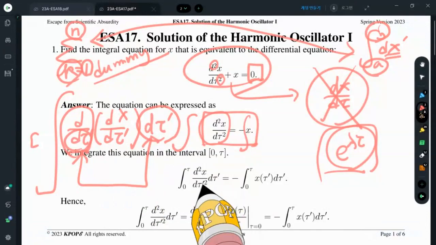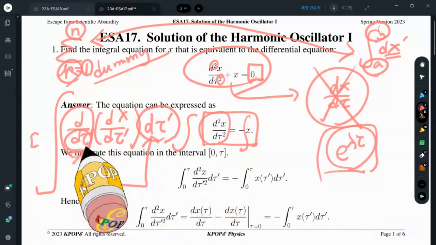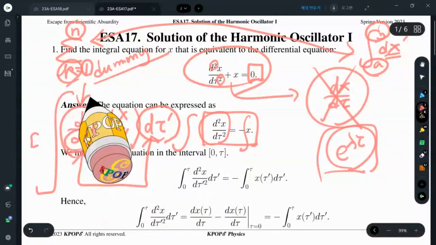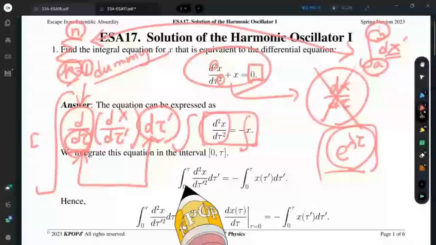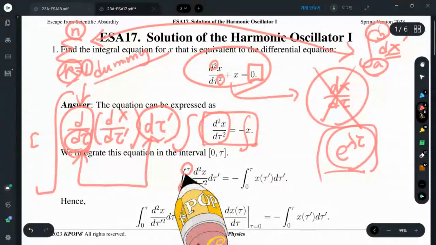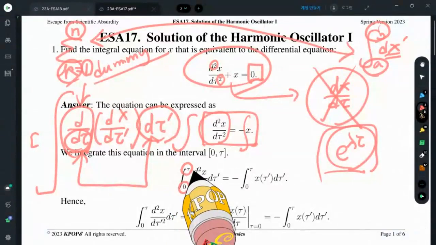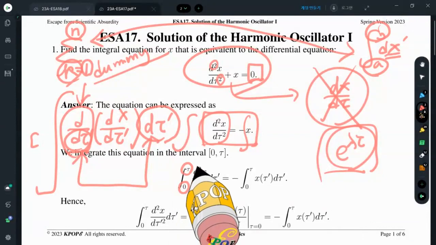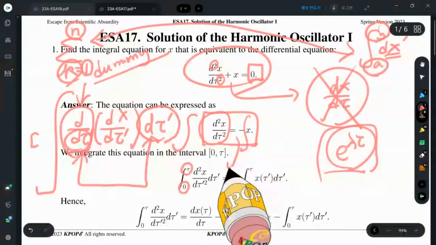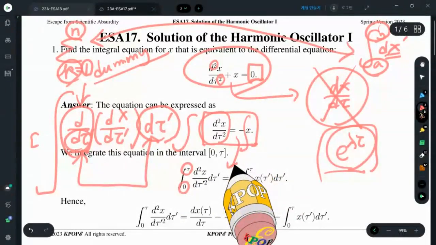So we would like to pull the integral out of the outermost derivative. And if we make use of an explicit lower limit and explicit upper limit, then the identity is still valid. There is no ambiguity like the indefinite integral.